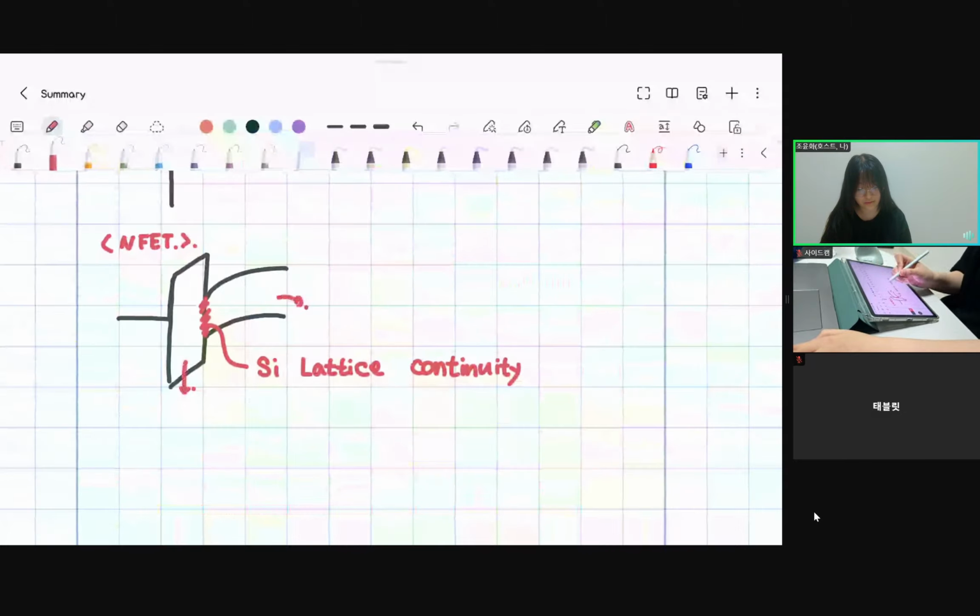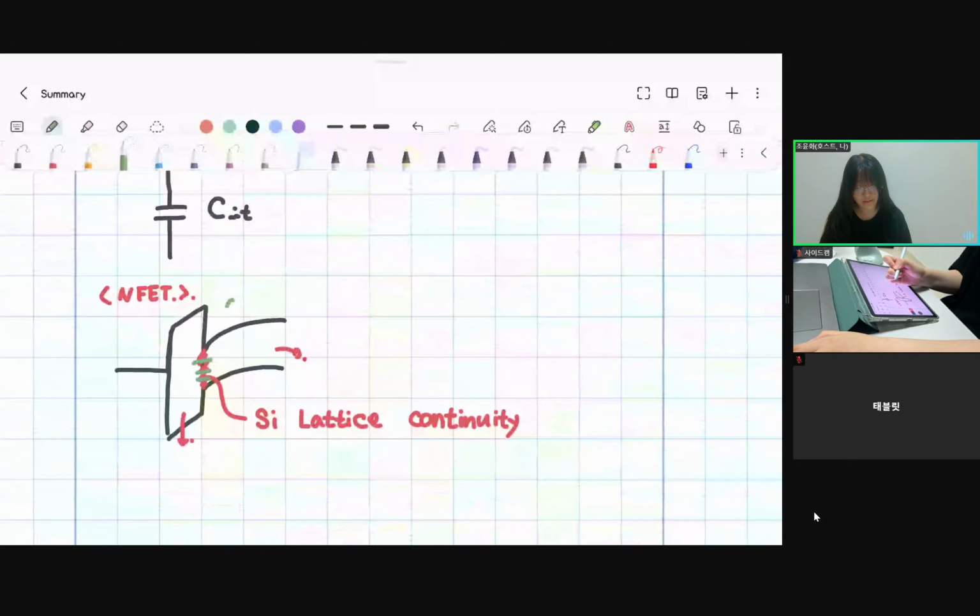So there are states where electrons can exist, so there is a capacitance at that surface. We can call that capacitance CIT. It means interface trap.